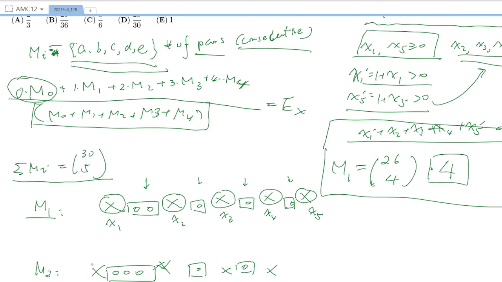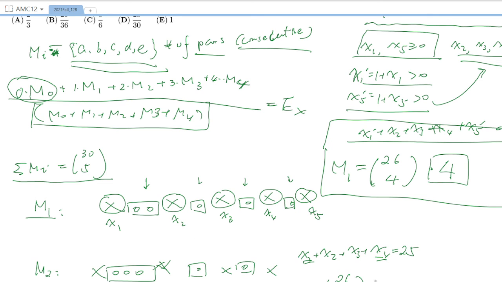But both of them share the same structure: x1 plus x2 plus x3 plus x4 is equal to 25. This one is greater than or equal to 0, so that's why we change it to 27. So it's 26 choose 3, right?